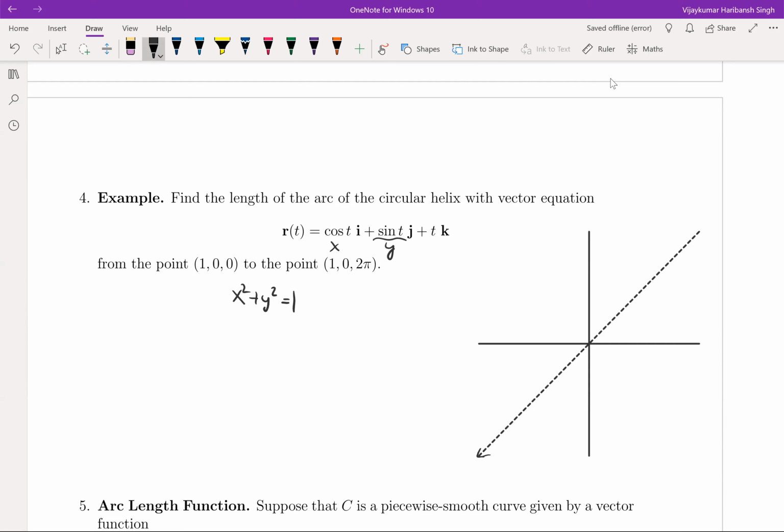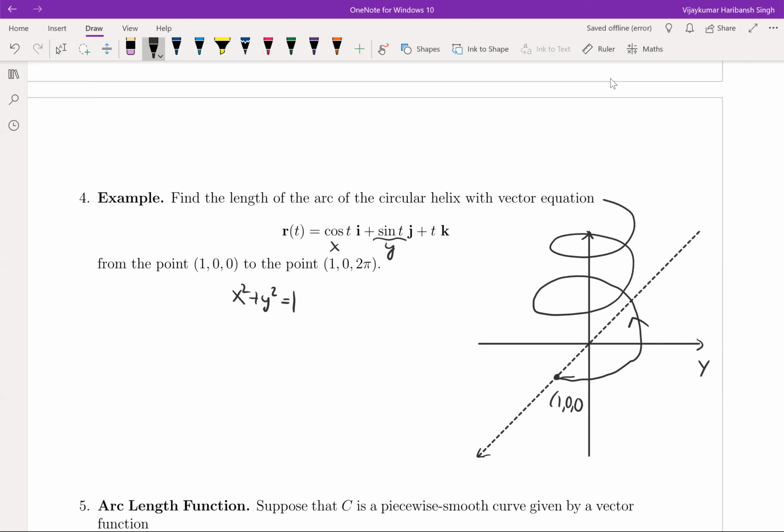So this is your x-axis, this is your y-axis, and this is the z-axis. Then we start at 1, 0, 0. Then you're going in this direction like a circle, but you're unraveling it up. It's going up like that as t keeps increasing.